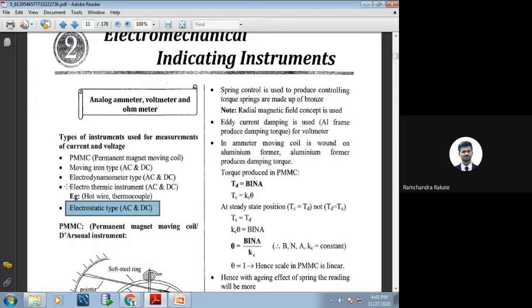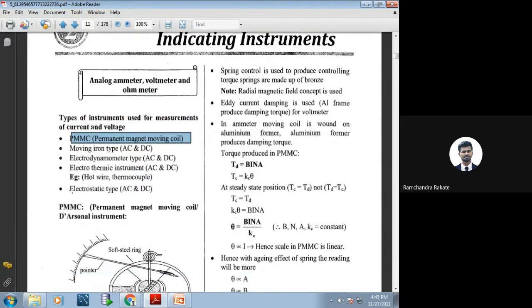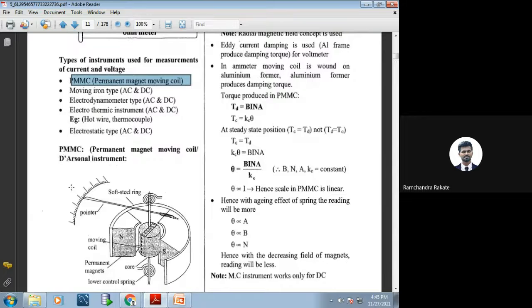If these are the types of instruments, we will go through them one by one. We will first start with the PMMC, which is always and most frequently asked in the GATE exam. Another name is the D'Arsonval instrument, and the abbreviation is Permanent Magnet Moving Coil instrument.